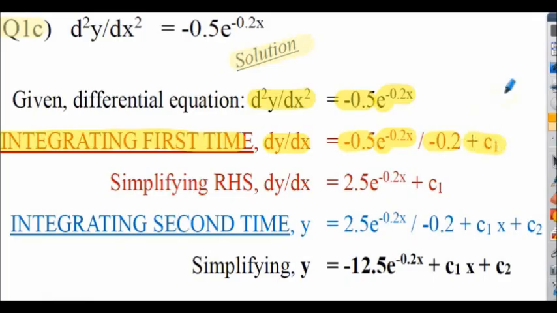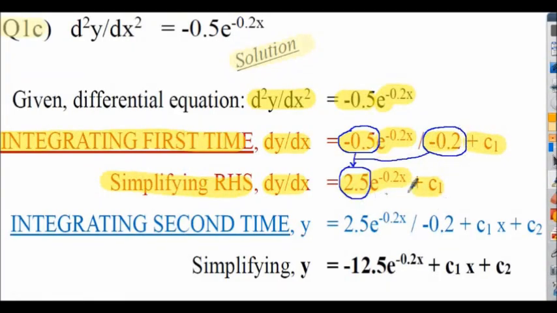And we add our constant of integration c1. Simplifying the right hand side, we now have dy by dx is equal to 2.5 e to the -0.2x plus c1. Note the -0.5 divided by -0.2 evaluates to 2.5, shown here.